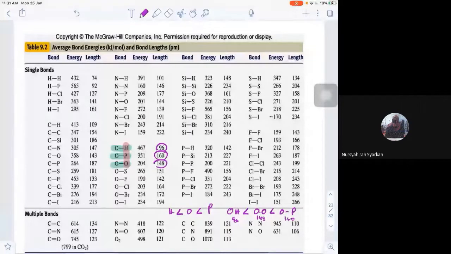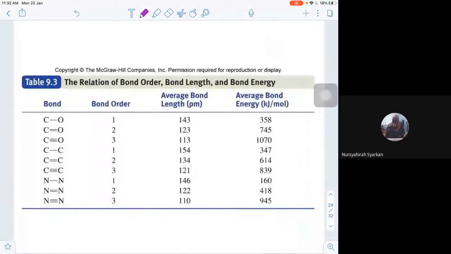We know that the shorter the bond, the stronger the bond. So generally, we make a conclusion. The bond energy, which is the same as the bond strength, is directly proportional to the bond order.